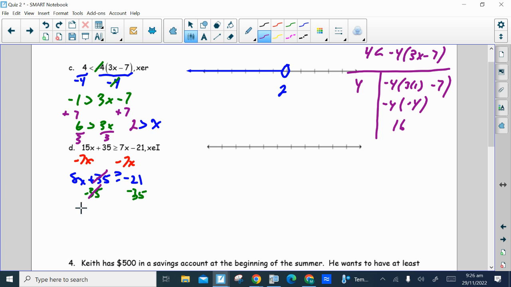So on the left, the 35's cancel. You'll have 8x greater than or equal to -21 take away 35 is -56. And when you divide both sides by 8, x will be greater than or equal to -7.